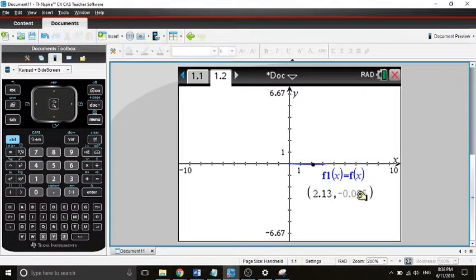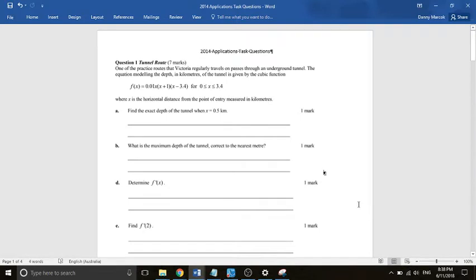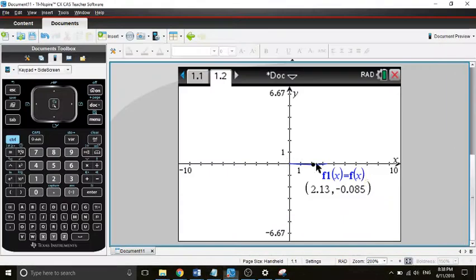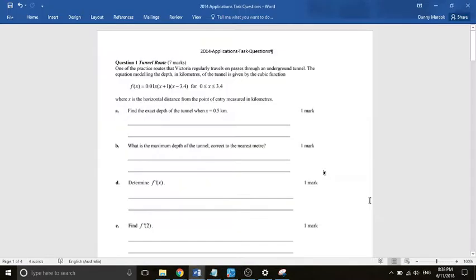So there we have the minimum, 0.085. What is this measuring? F of x, where x is horizontal distance in kilometers. So this is 0.085 kilometers, which I guess makes it 85 meters. So that's what we've got there.